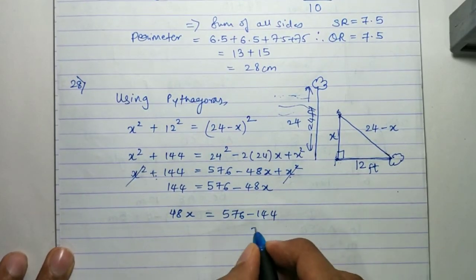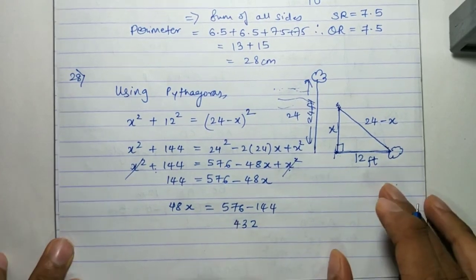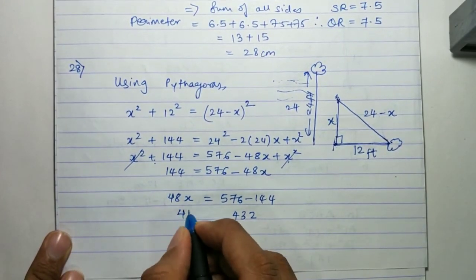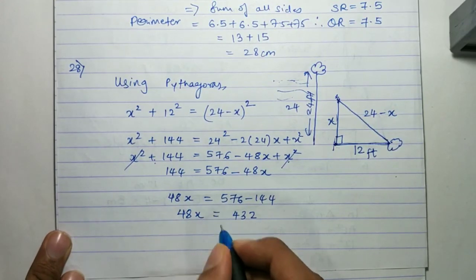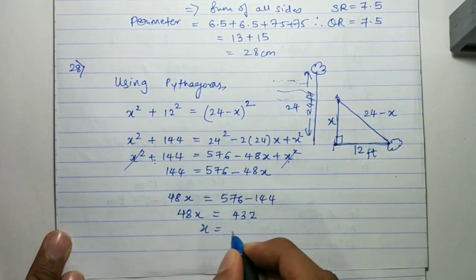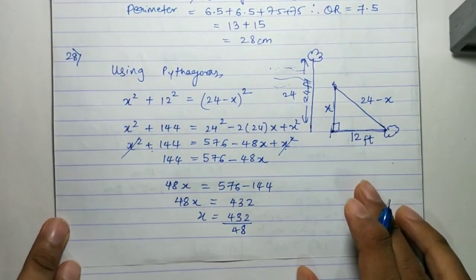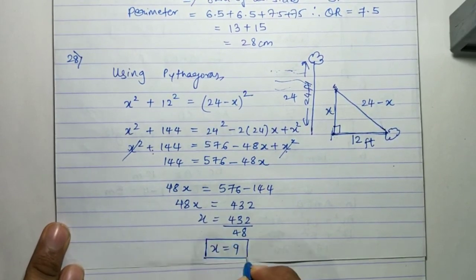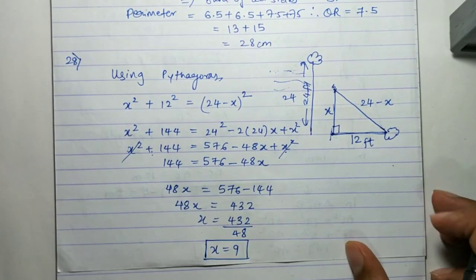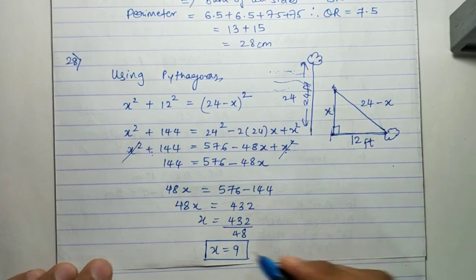When you subtract this you will get 432. So 48x equals 432. So x is 432 divided by 48. X is 9. 9 feet.